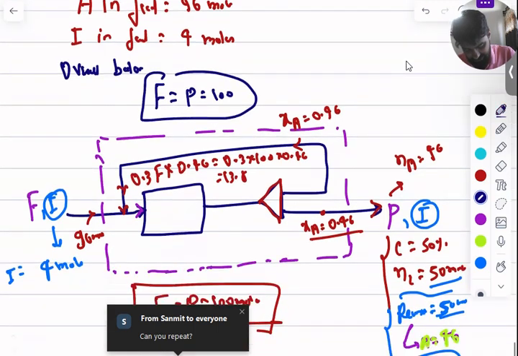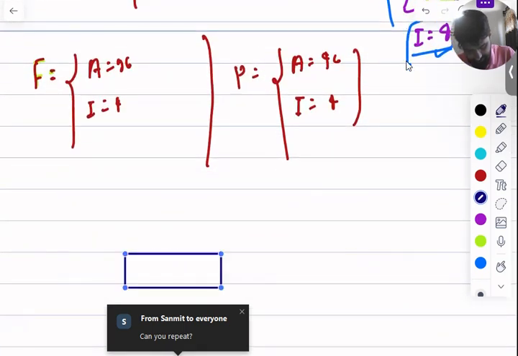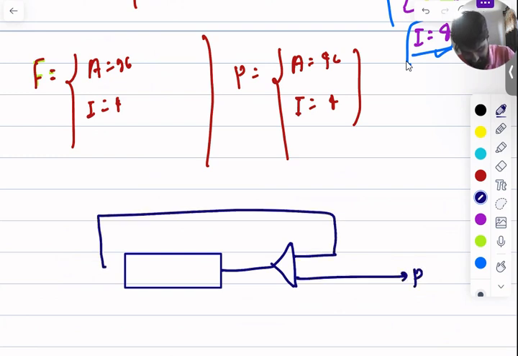So basically what is happening here, just try to understand. This is the reactor, and this is a separator. This is the product stream, and this is the recycle stream, which is coming here. So this feed is there. I am now writing only for A. A is 96.